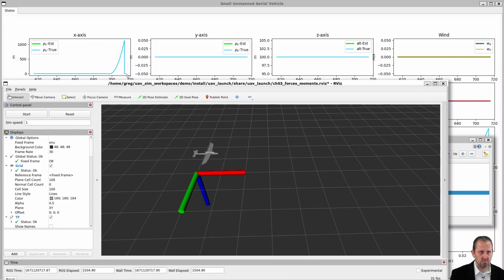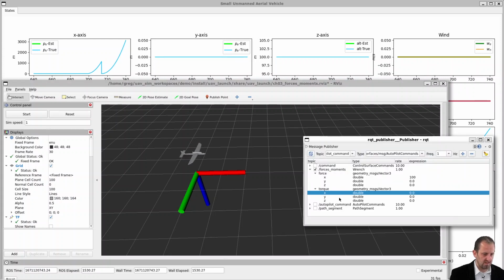We reset it, and we're just quickly going faster and faster. You notice that this is quadratic in terms of its change, because the force affects the acceleration, which is 2 derivatives below the position. So that's pretty straightforward and intuitive.